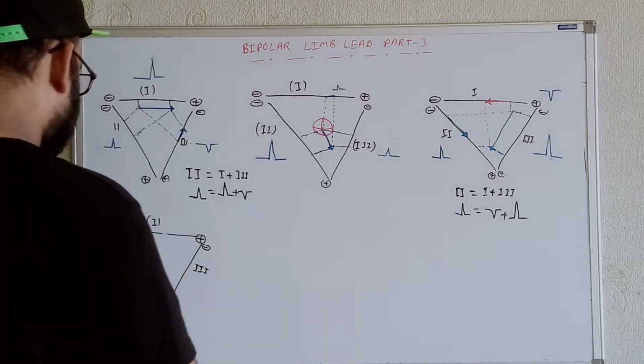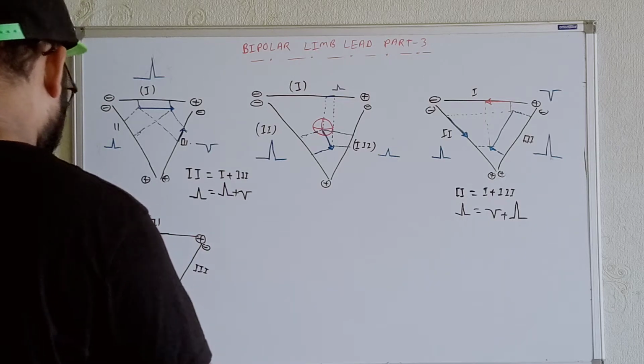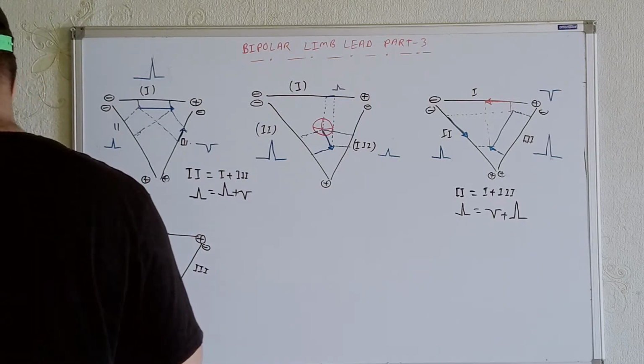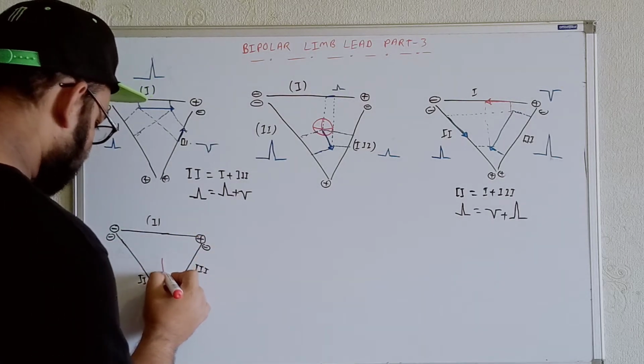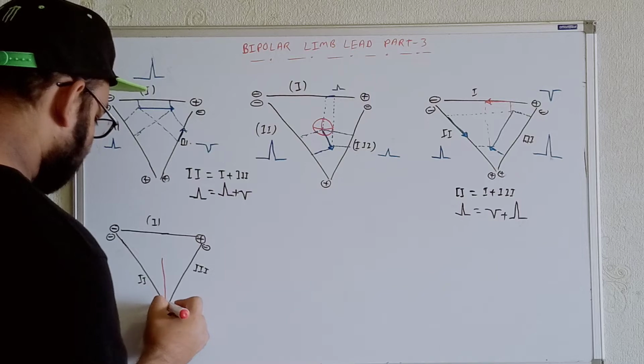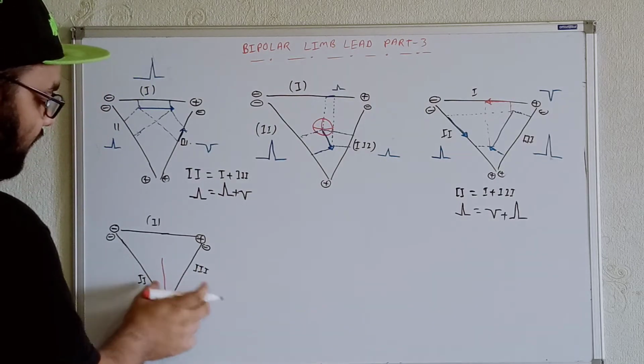Okay. Now what I am getting is the major ventricular depolarization coming towards the corner of this portion, in between lead number 2 and lead number 3.